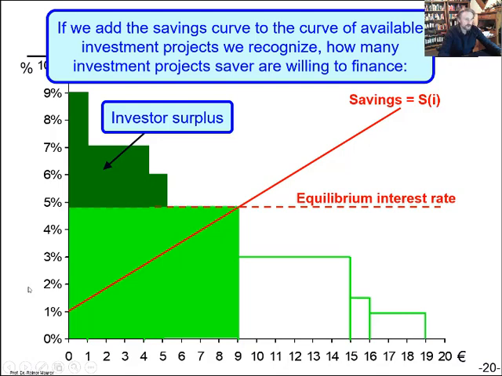Savers will receive a total interest payment equal to the investment volume, 9 euro, times the interest rate, nearly 5%.